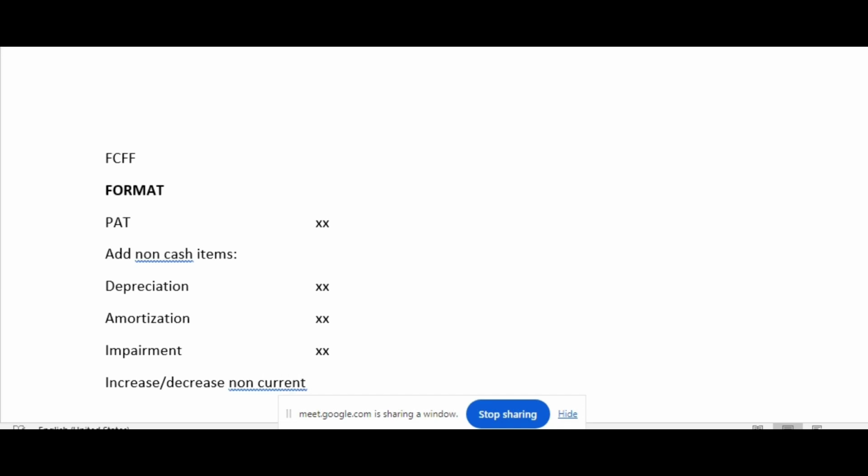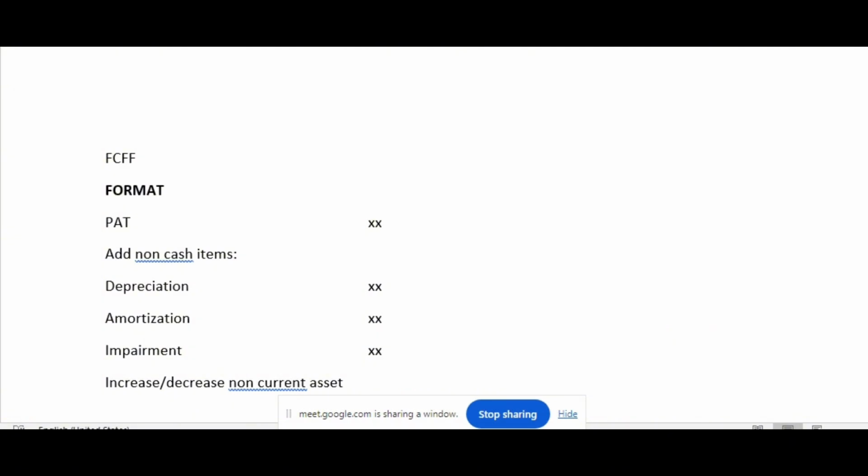There will be an outflow, so it decreases. Yes, it will be a decrease. So when you purchase more assets over the years, it will decrease your cash flow.